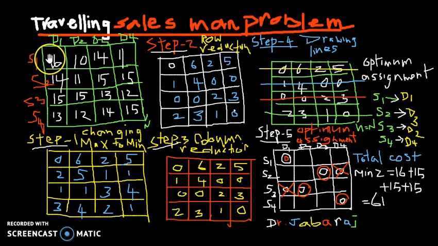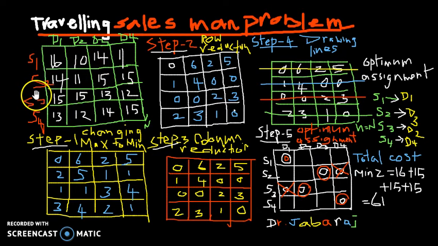If the first person is sent to the last district, he is bringing 11 rupees. If the fourth salesperson is sent to the third district, he is bringing 13 rupees as profit to the company. So the intersection of the rows and columns gives the profit that the corresponding person brings from the corresponding district. So this is about a traveling salesman problem.